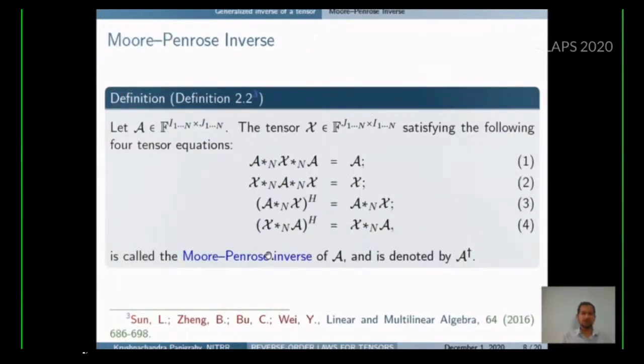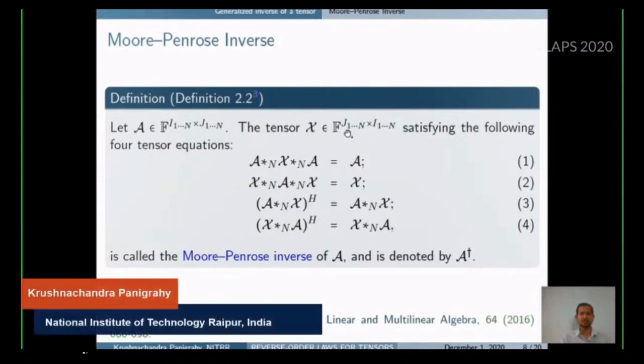After that, in the year 2017, Sun and his collaborators defined the Moore-Penrose inverse for even order tensors. For an even order tensor A in the space I1 to In cross J1 cross J2 cross ... Jn, there exists a tensor X from J1 cross J2 cross ... Jn to I1 cross I2 cross ... In, satisfying these four conditions: A star n X star n A equal to A, X star n A star n X equal to X, and A star n X is Hermitian as well as X star n A is Hermitian.